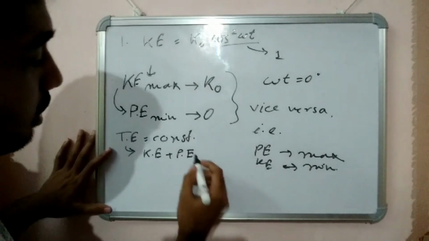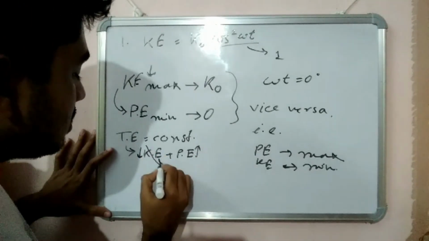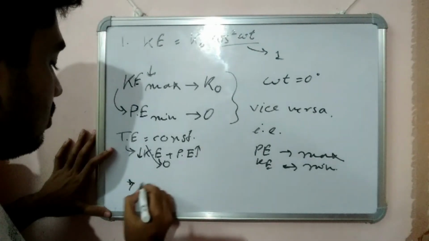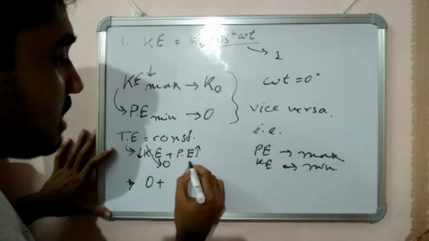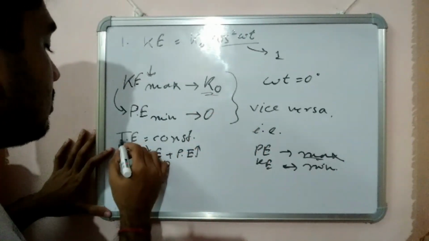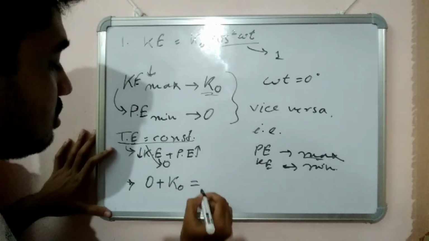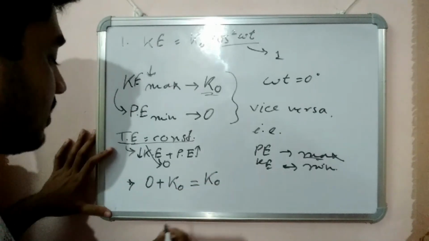So in case potential energy is maximum, kinetic energy will be minimum, equal to 0. So 0 plus maximum potential energy will be K0, as the total energy is constant, K0 is the total energy.